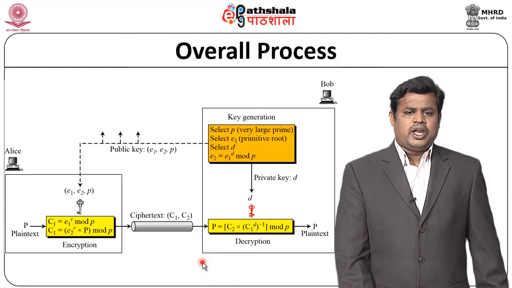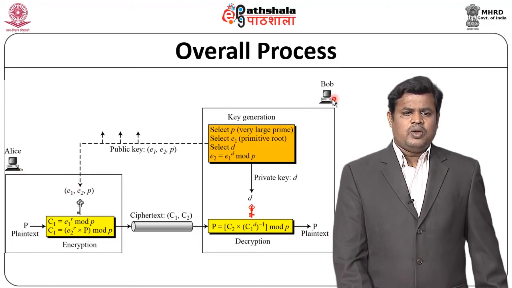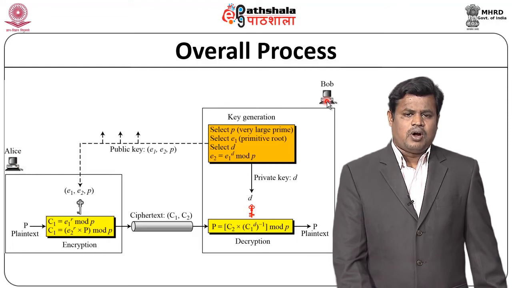Now we are looking into the overall process of this particular algorithm. Suppose there are 2 users Alice and Bob, and they want to exchange some information, that is P, the plain text. Alice wants to send this message confidentially to Bob.